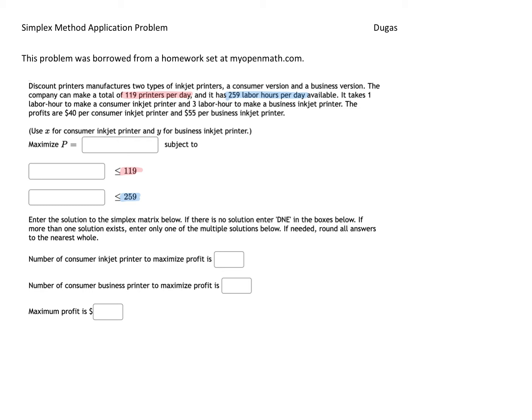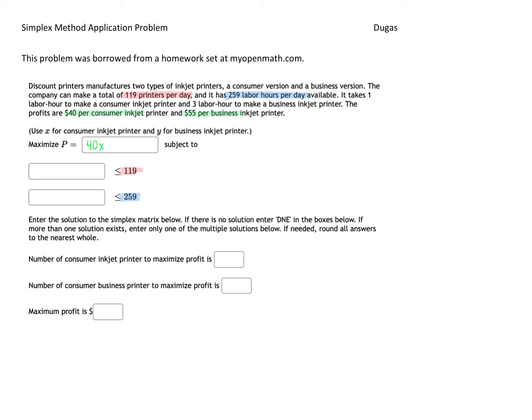So let's see what we can do to maximize profit. They talk about profit, so let's use green here. They get $40 per consumer inkjet and $55 per business. It tells us in the parentheses here to use X for consumer and Y for business. So if they get $40 per consumer, that's 40X.